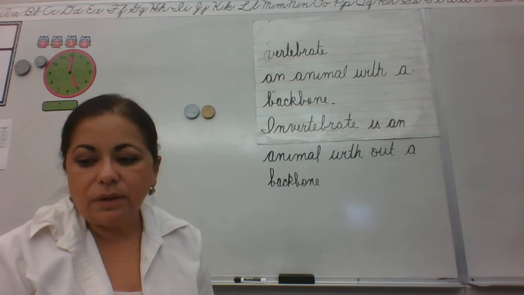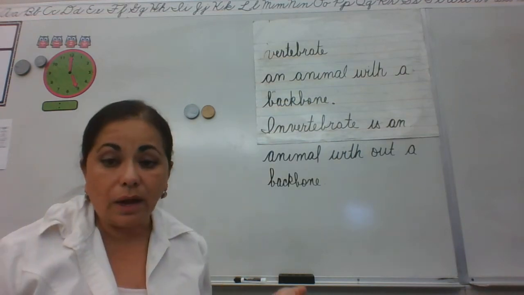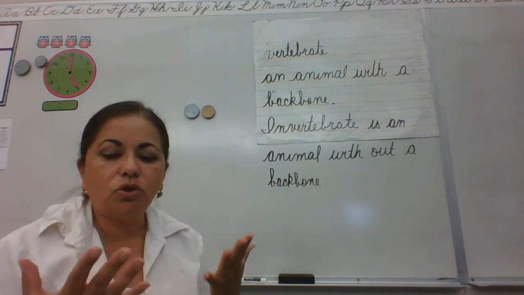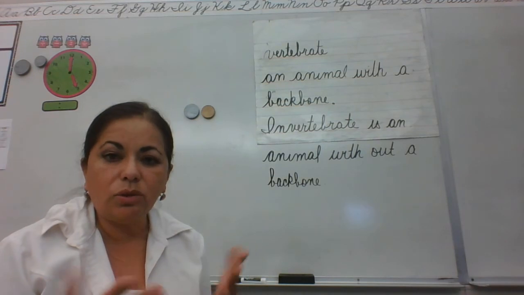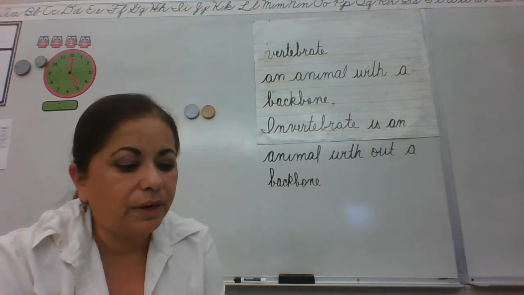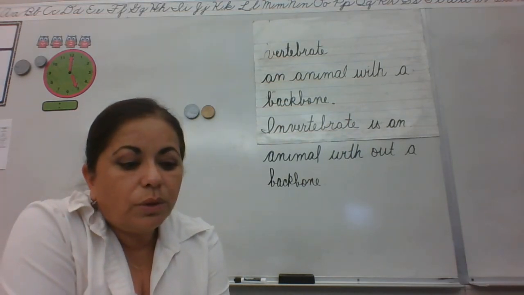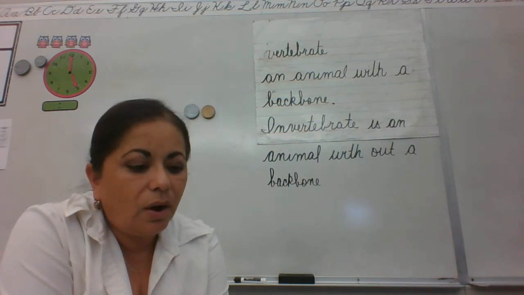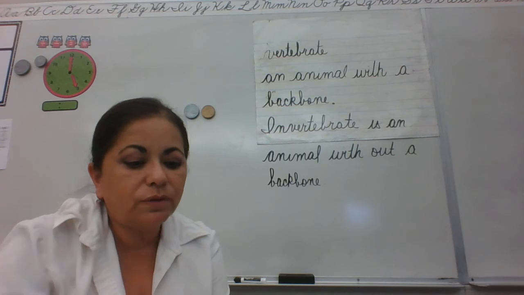Okay. The next question is, what are some similarities among all the animals? What is something that all the animals do that they do the same? Okay, let's keep reading and find out. It says, although only 3% of all animals are vertebrates, they are the animals we are most familiar with.